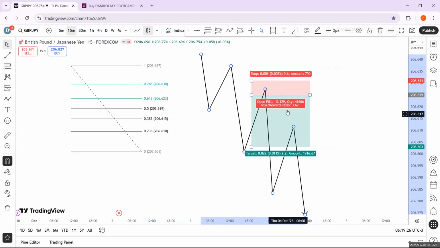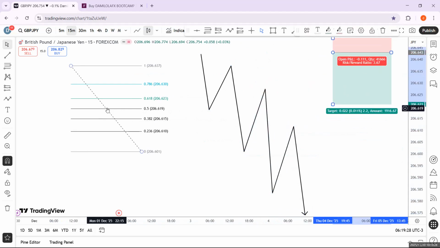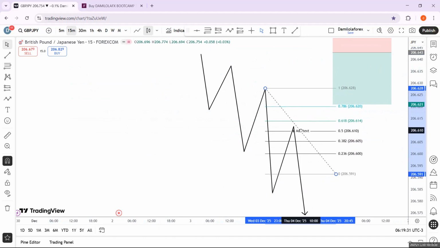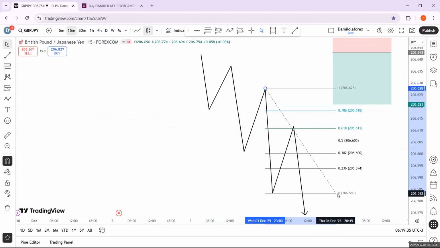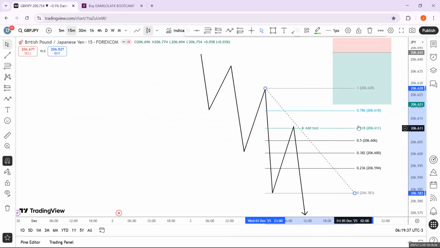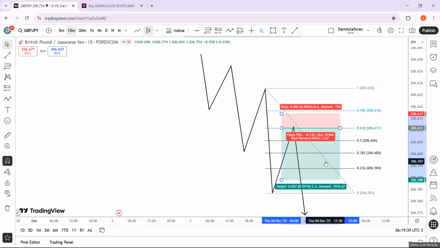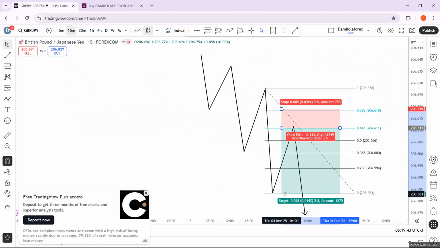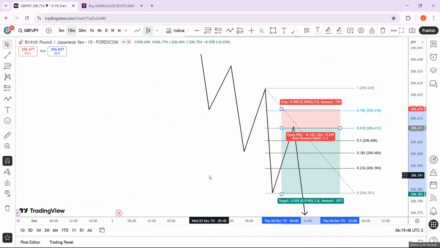Here again we can repeat it: put the fib at the highest point where price started the sell movement, then put it at the lowest point where price rejected, in order to come for that retracement, and you can sell at 61.8. Hide the stop loss above 78.6 right here, and take profit at the low. So this is how beautiful the entire movement is when it comes to reading chart structures.